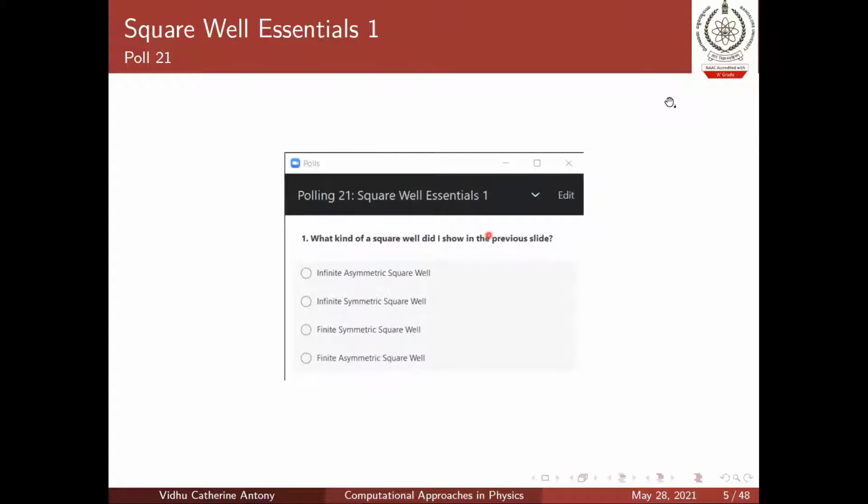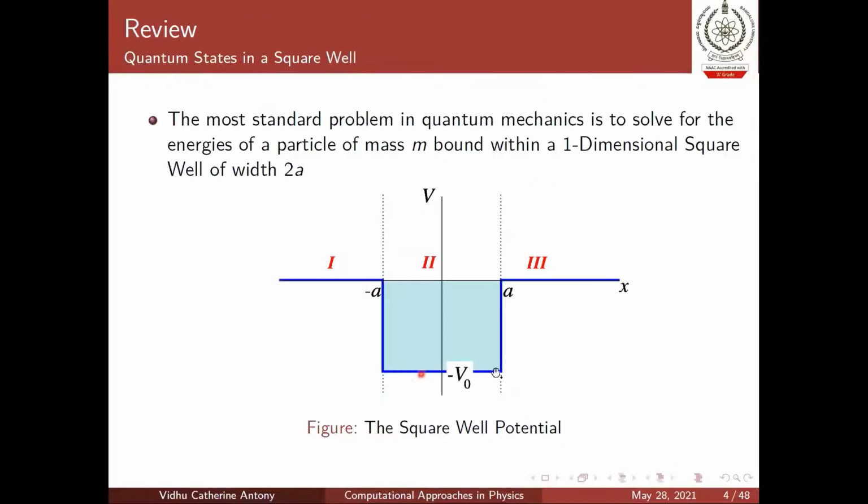Now, what about infinite and finite? I told you that the depth of the potential is V naught. Okay, it is a finite value. It's not V naught is equal to infinity, right? So the depth of the potential that I told you is V naught. Okay, let me just stop sharing the results and go back to the picture that we have. This is minus V naught. The depth of the potential is V naught, and you're not saying V is equal to infinity.